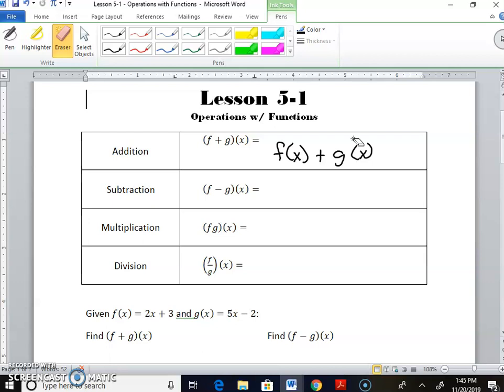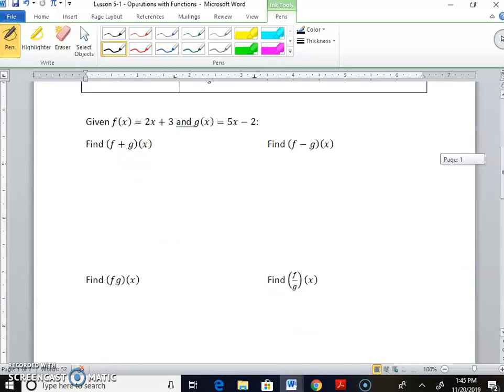So if I scroll down here and look, you are given f of x equals 2x plus 3 and g of x equals 5x minus 2. And they've asked you to find f plus g of x. Well, our first step is to recognize f plus g of x just means f of x plus g of x.